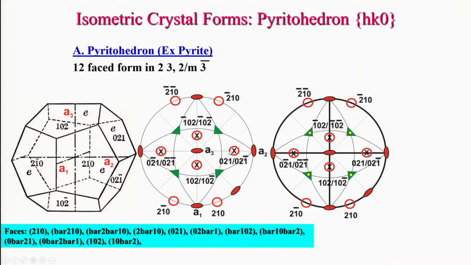Now, let us again consider this red circle here, which is 021, and this will be acted upon by this threefold axis of symmetry. A 120 degree rotation will bring this 021 to this position here, and another 120 degree rotation will bring it to this open circle position here. Now, what will be the Miller index symbols of these two faces, one here and the other here?